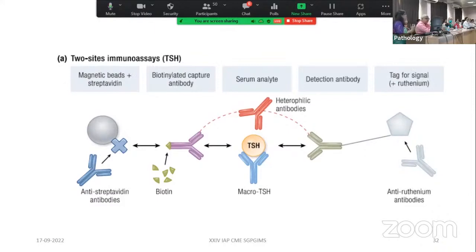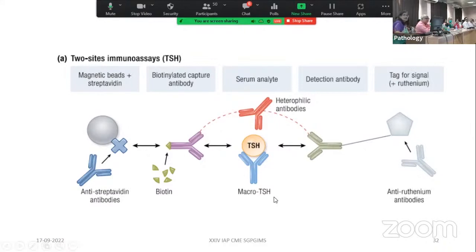The best way, and what we generally follow in the clinic, is to ask patients to stop taking all supplements, multivitamins or whatever, for 3 to 4 days before they come for sampling, because that is generally the washout period for biotin.